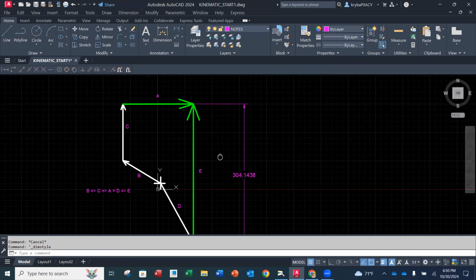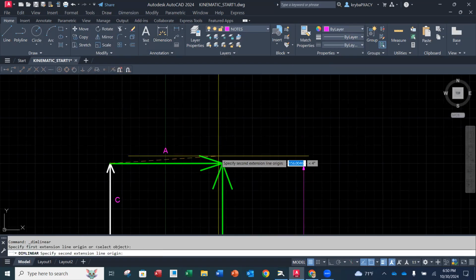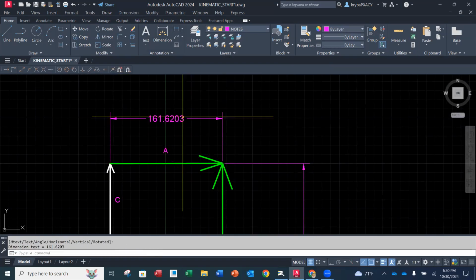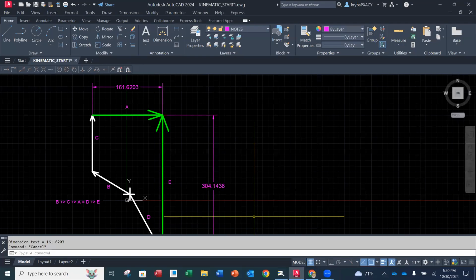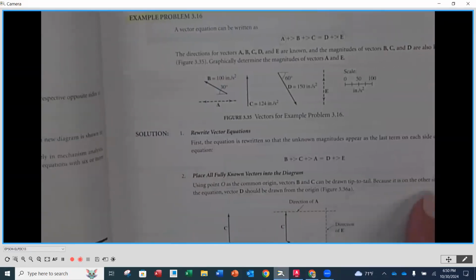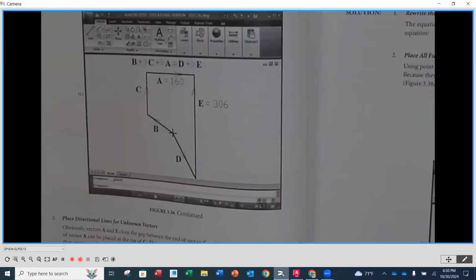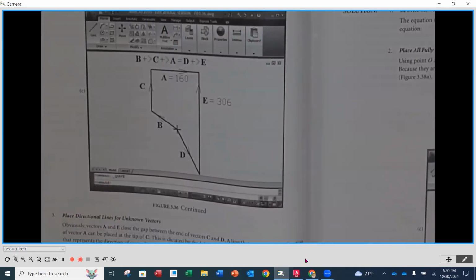And then I'm going to do that same thing for A. I'm going to do a linear dimension, endpoint to endpoint, and I get 161, 162. So let's go to our example and see how we did. I'm going to turn the page. And you'll notice that for E, they got 306, and for A, they got 160.